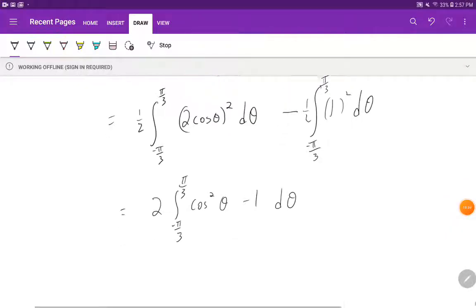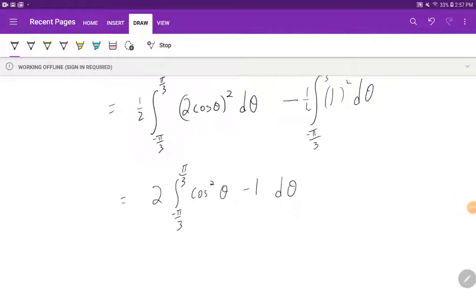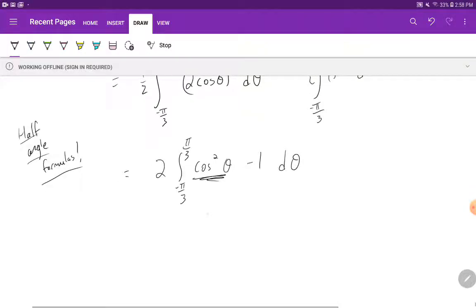And just like in class, I really hope you know your half-angle formulas because they save you at these moments, like rewriting cosine squared and sine squared. So in this case, we're going to rewrite cosine squared. We get 1/2, and is it 1 minus or plus?